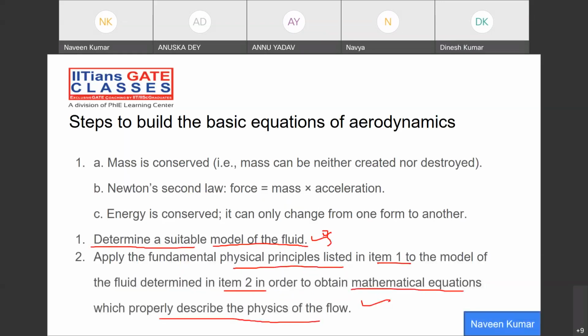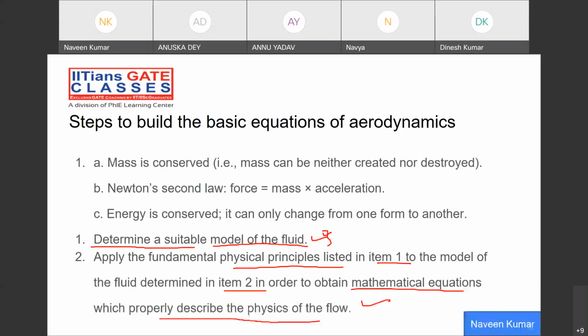Okay, that's what I had to share for today's lecture. Any doubt, any comment here? No, sir, everything is clear. Okay. So my motive is basically to develop the basics first, because GATE is not a complex thing.